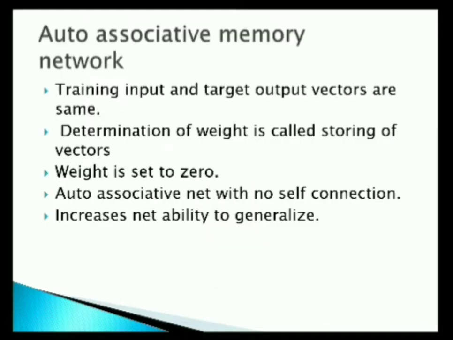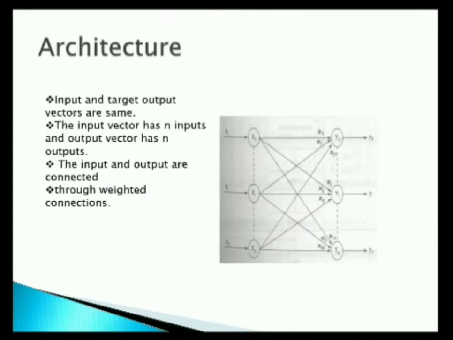Next, auto-associative memory network. Training input and target output vectors are the same. Determination of weights is called storing of vectors. Weights are set to 0 on the diagonal, an auto-associative net with no self-connection, which increases the net's ability to generalize. This is an architecture.